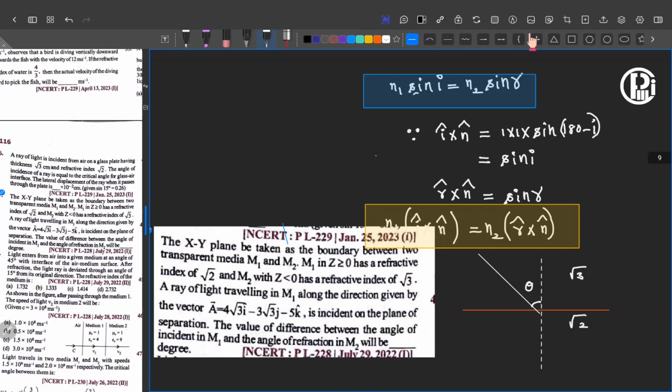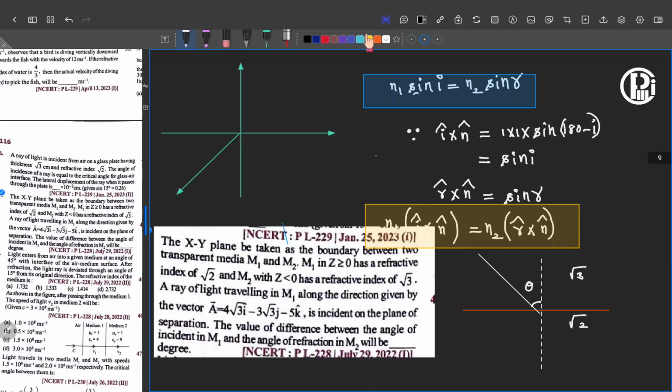What is the direction of cosines? Let's say this is the y-axis, this is the x-axis, and this is the z-axis. The z-axis is actually outside, but we are not able to draw it.